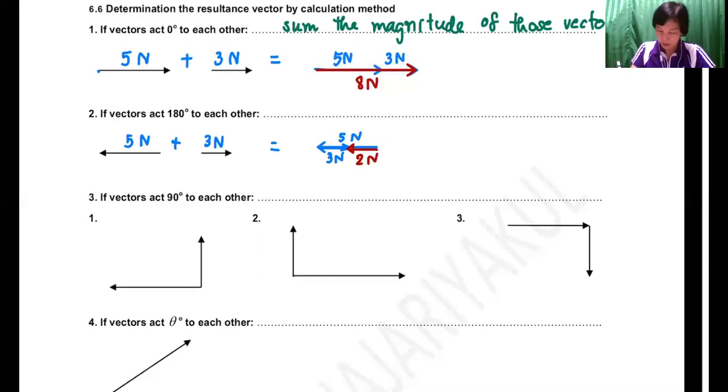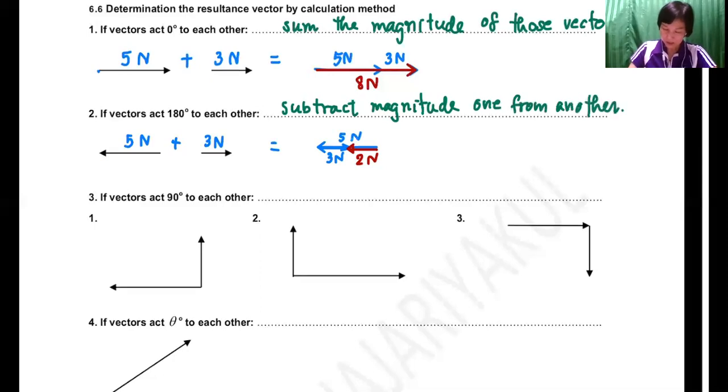So here we will conclude that if vectors are at an angle of 180 degrees against each other, we just subtract. We can subtract the magnitudes from each other, one from another.